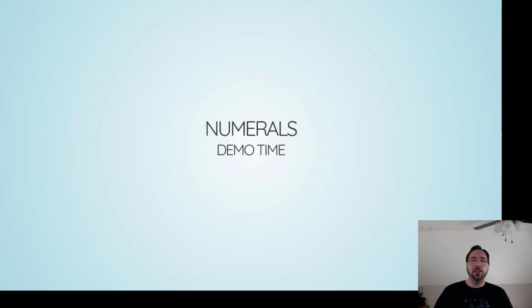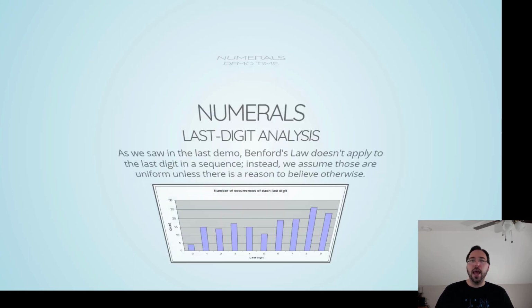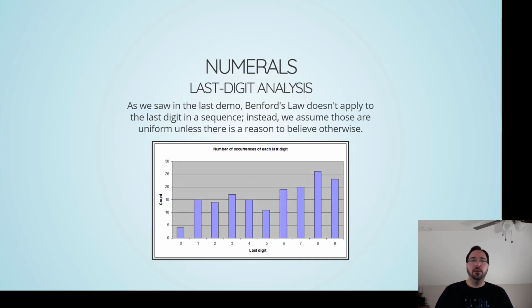At this point, we've looked at trailing numbers, we've looked at leading numbers, but our trailing numbers have just been round numbers, zeros. Now I'm going to look at an analysis of last digits. The trick with last digits is we can normally assume that they will be uniform unless we have some reason to believe otherwise.